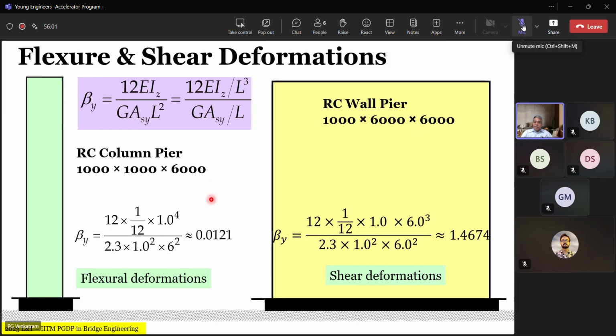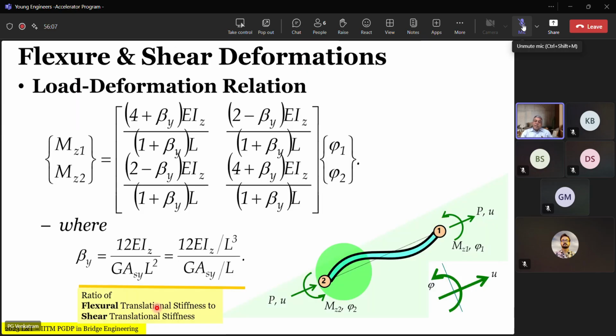So when you calculate the beta value, you will realize that beta y is nothing but the ratio of flexural translational stiffness to shear translational stiffness. What it means is, when beta tends towards 0, flexural translational stiffness governs the deformation, and when beta becomes a large value, shear translational stiffness governs the displacement value.